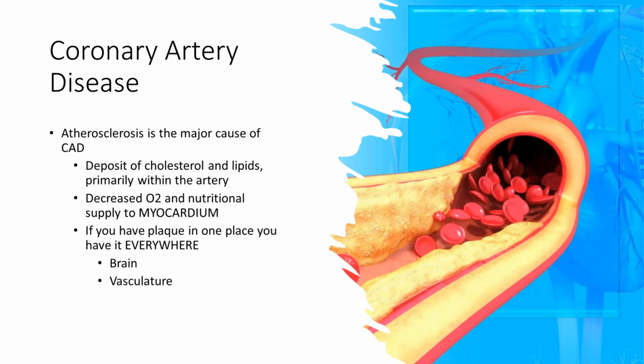So the clients who are at increased risk for CAD and ACS are also at increased risk for stroke, heart failure, and peripheral vascular disease. When we look at this, we have to think about what we're going to do for this client to reduce all of that plaque, not just, hey, I want to focus here on the coronary arteries, because we do know that it is everywhere.